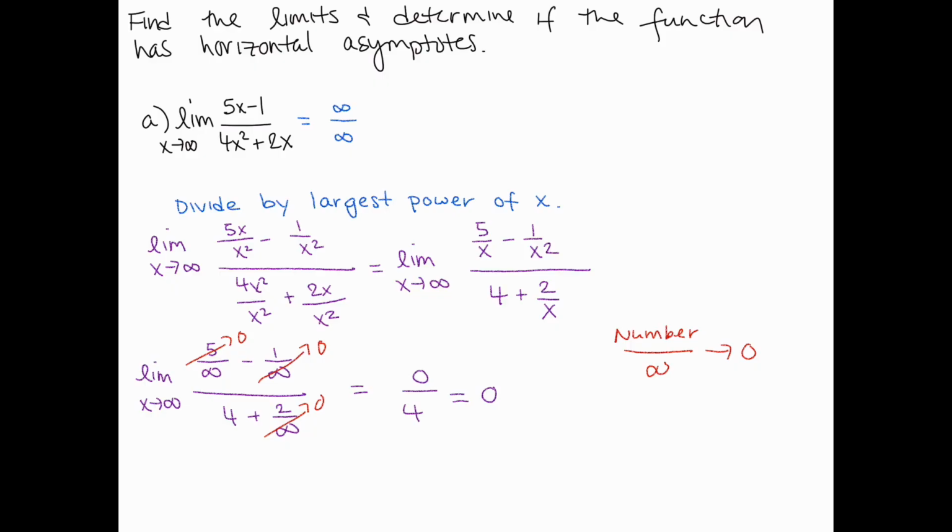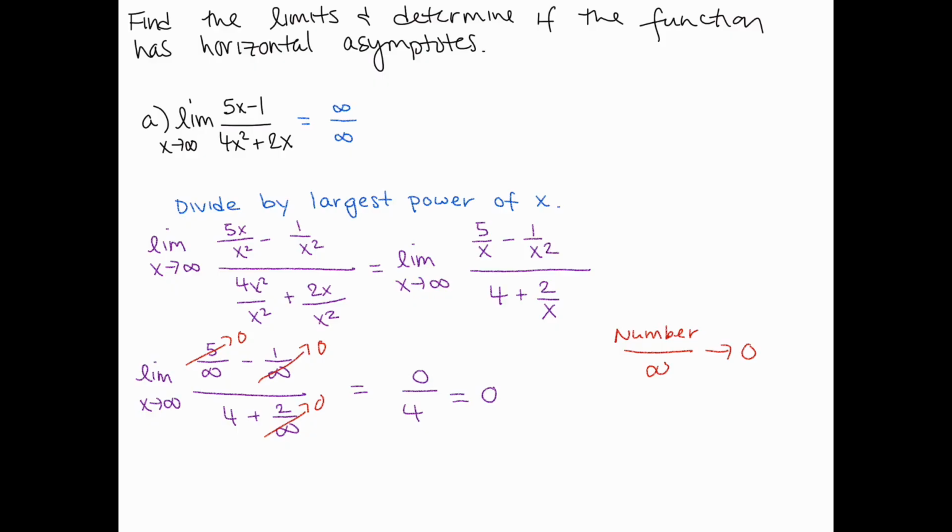So on the top, we've got 5 over infinity. And to solve this, we're going to use the fact that anytime you take a finite number, like 5 or 7 or negative 3, and you divide it by infinity, it's always going to go to 0. So when you divide by something very large, you get something small. And so that means if we divide by infinity, it should go to 0.